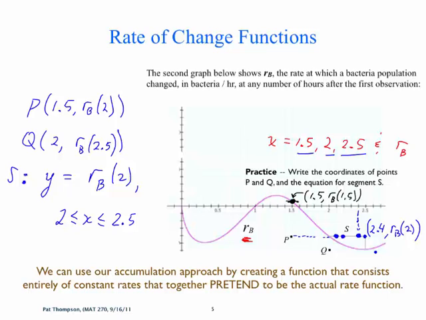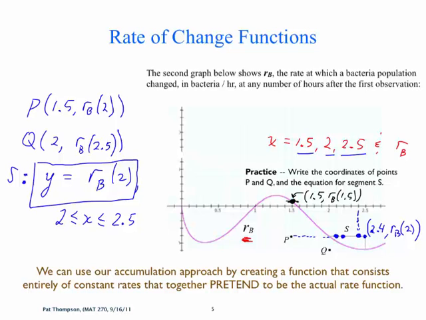All those points on that segment. That's why the equation of the line is y equals r sub b of 2, because every point on that segment has y coordinate r sub b of 2.